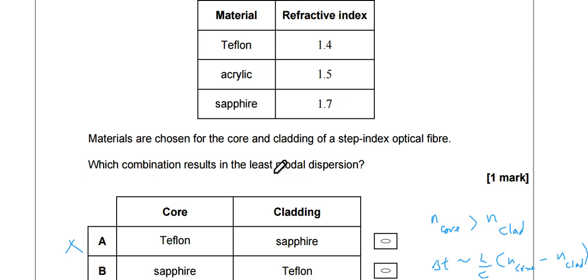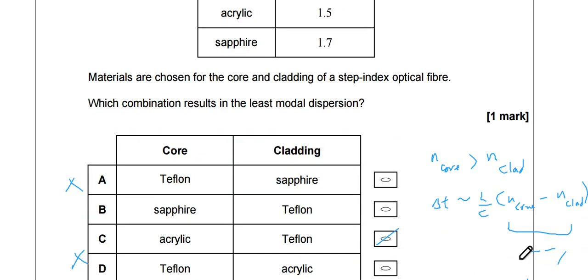Anyway, we need the least modal dispersion, which means the least time, and we have delta T proportional to L over C times the difference between the indices. So although we need n core to be greater than n clad, we need this difference to be as small as possible.